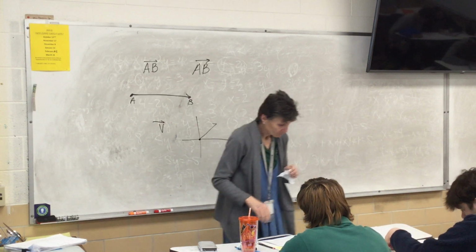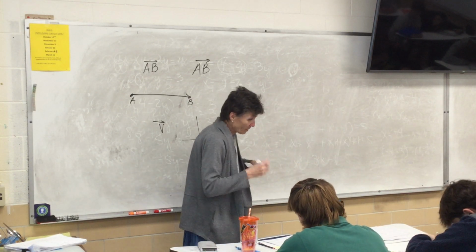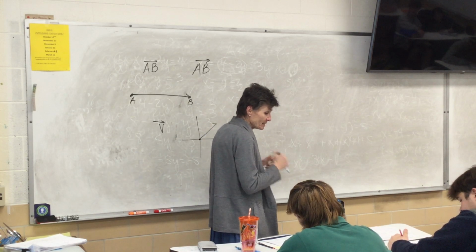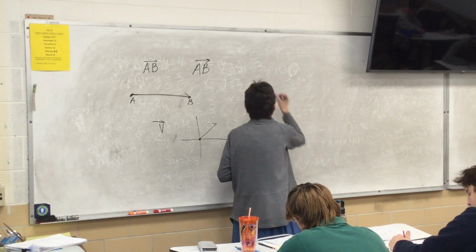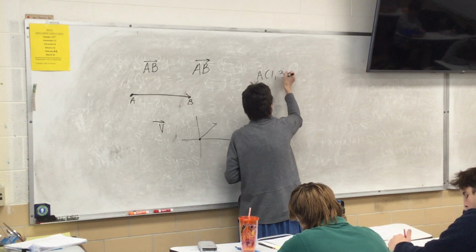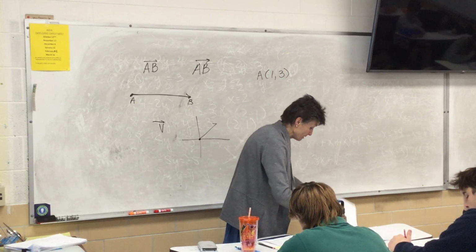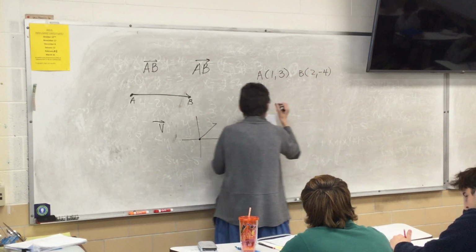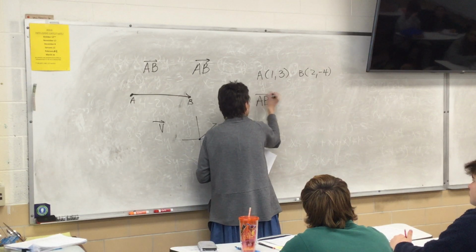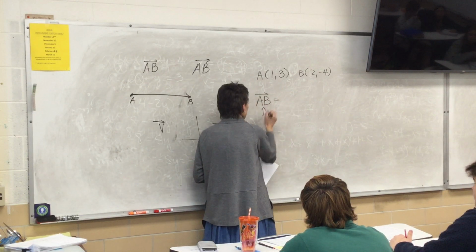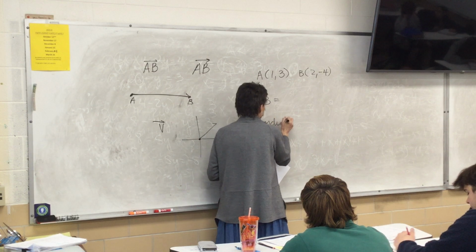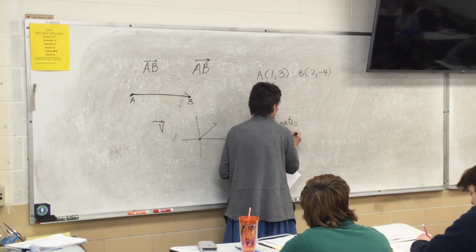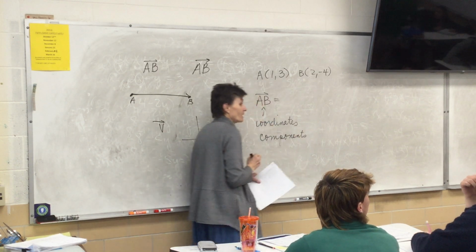Okay. Now, for the next definition, it might be easier just to come down and do problem number 1, which says point A is (1, 3) and B is (2, -4), and we're going to find the coordinates or the components of vector AB.